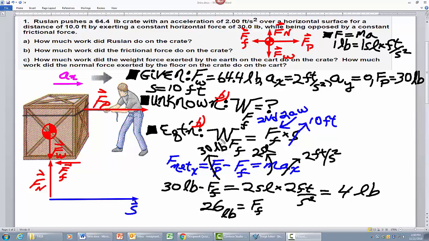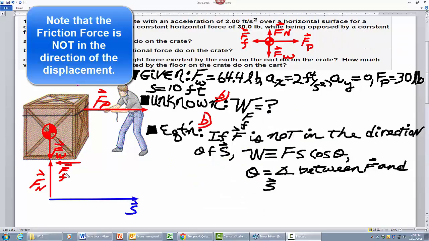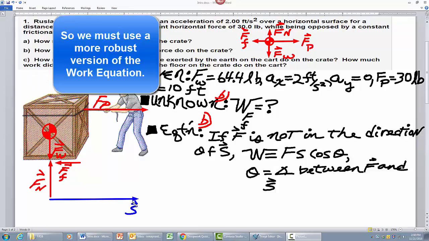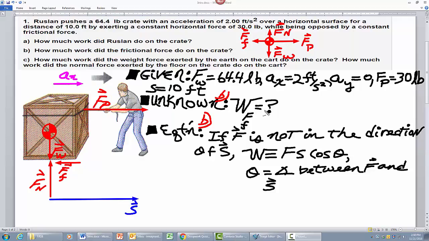We are now ready to solve for the work by the frictional force. Note that the frictional force is opposite the direction of the displacement. For part A, we use the formula that work is the force times the displacement. This formula, however, only holds when the force is along the direction of the displacement. We need a more generalized formula when that's not the case, such as here.